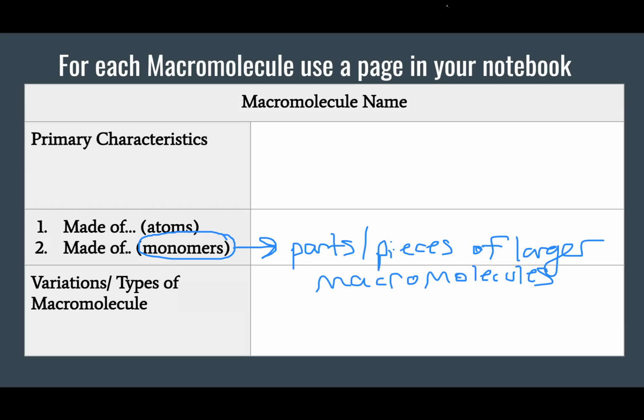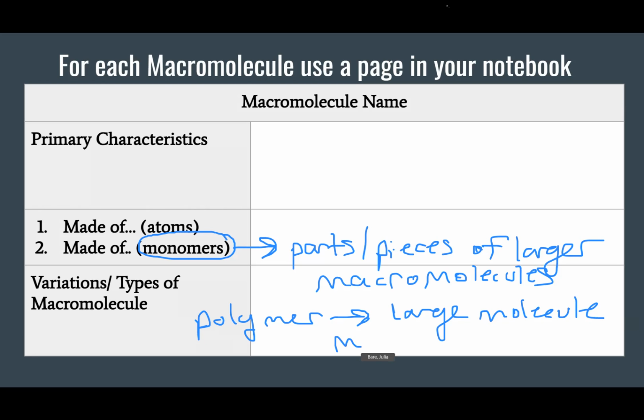So it's going to be really important. I'm going to use the term monomer and then a polymer. A polymer is going to be a large molecule made of smaller pieces. So it's going to be really important that you guys know these terms while I'm talking about this lesson today.